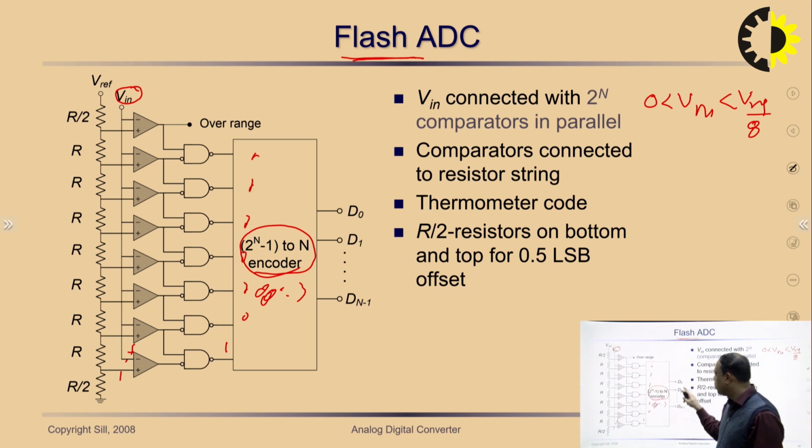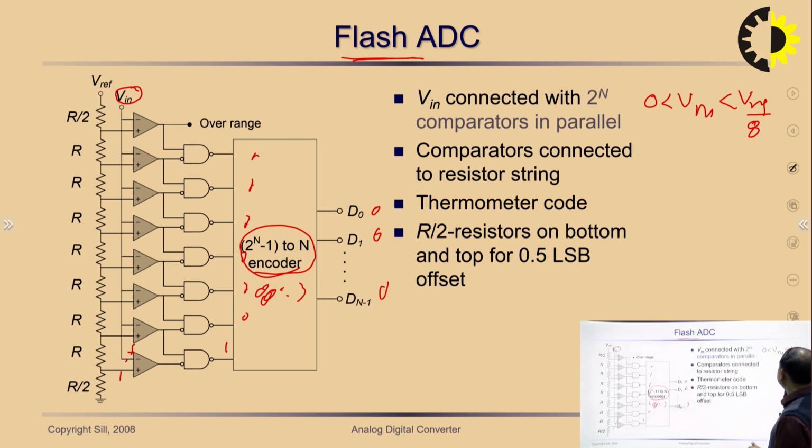The code generated is 0, 0 and 0. So if the voltage lies in this range, only the least significant input is set to 1, and the rest of the pins are set to 0, and the output is 0, 0 and 0.